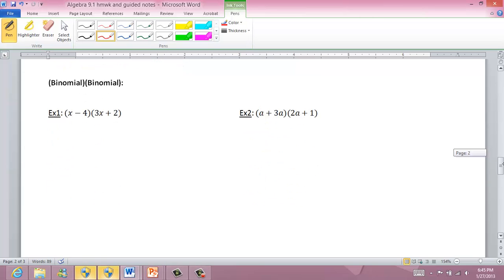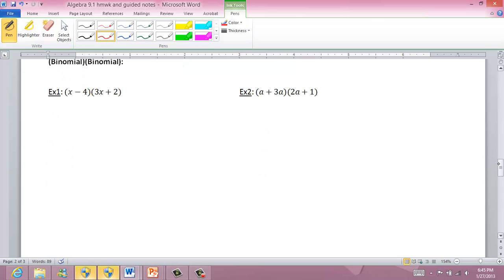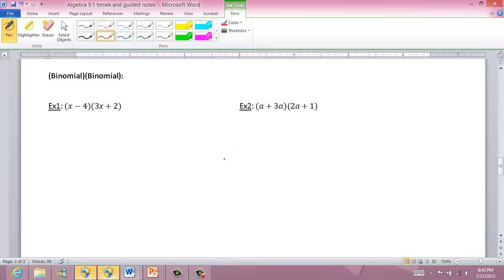Now, moving to the binomial times a binomial. When we do this, as we set up above, it's very important to pull out each term in the first quantity. Each term of the first binomial has to get distributed to each term of the second binomial. So I look at this binomial, then I look at the other binomial.